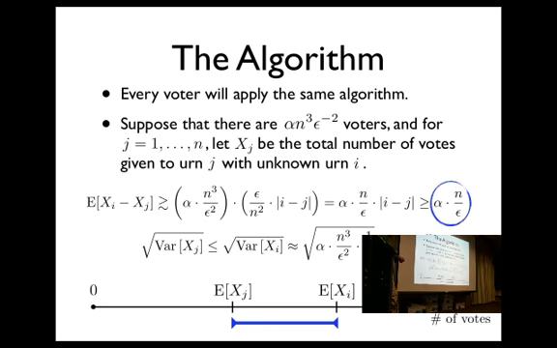So if you want a picture, suppose this is the number of votes, okay, from 0 to infinity. This is the expected number of votes to the right urn I, which is bigger than the expected number of votes to urn j, for any j different from I. And this blue line, the gap between the two, will be at least alpha times n over epsilon. And the standard deviation would be smaller. If you make alpha grow bigger and bigger, the standard deviation will grow like square root of alpha times n over epsilon.